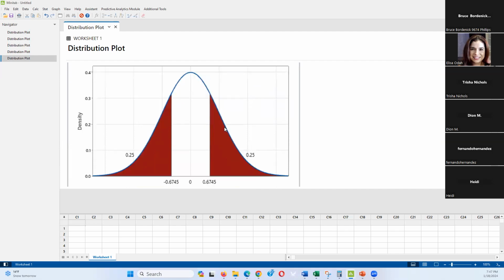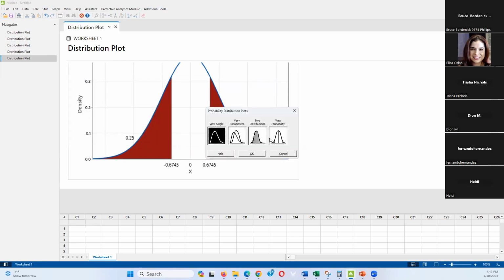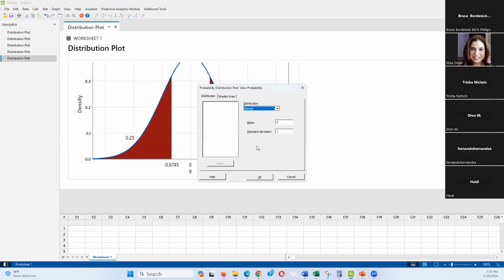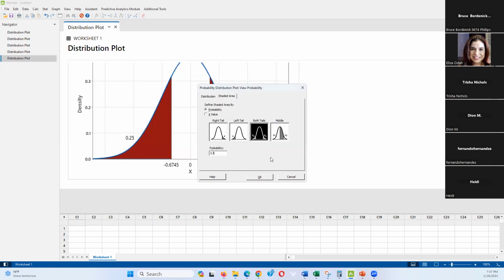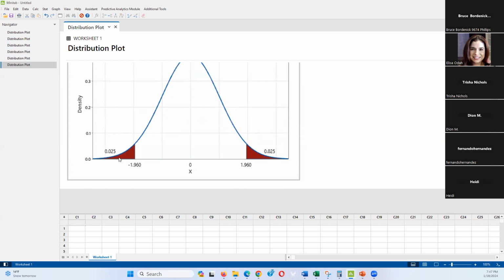Oh, sorry, I did it wrong. I have to do 0.05 probability distribution. 0.05 means 2.5 here and 2.5 here. Minus 1.96 to 1.96. You can also do the inverse value.